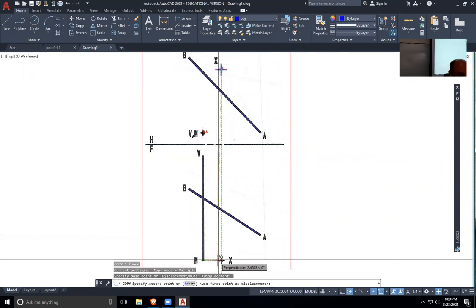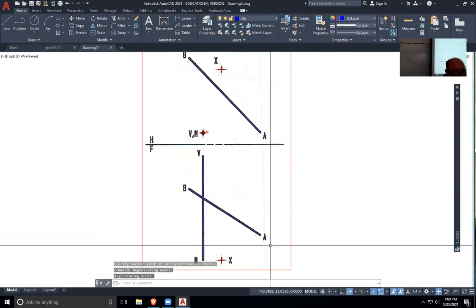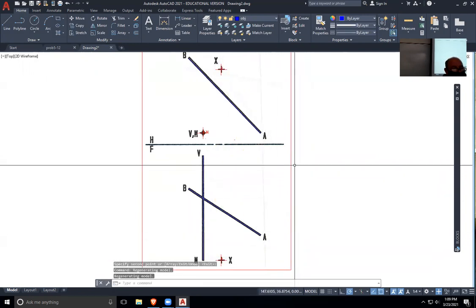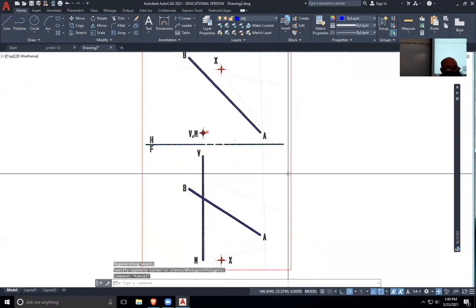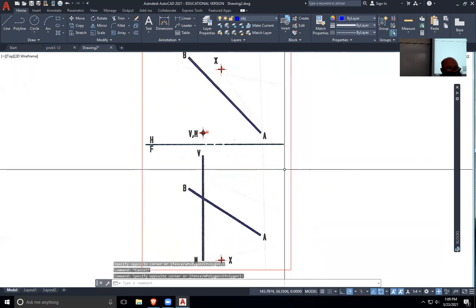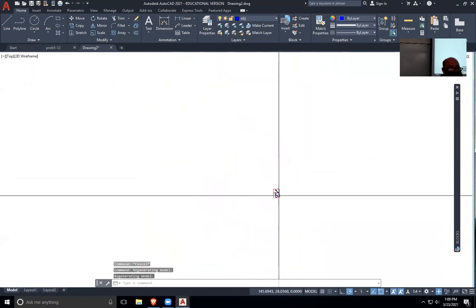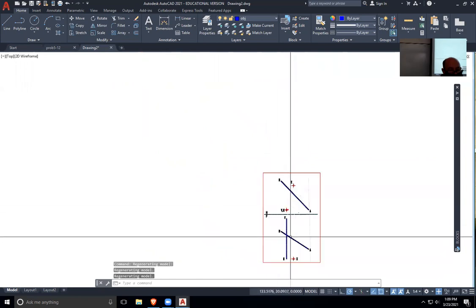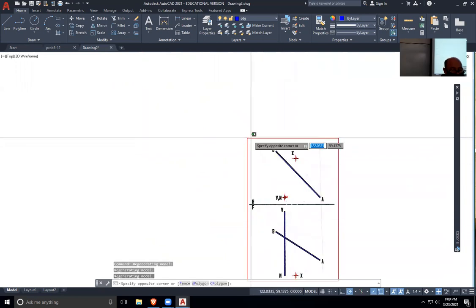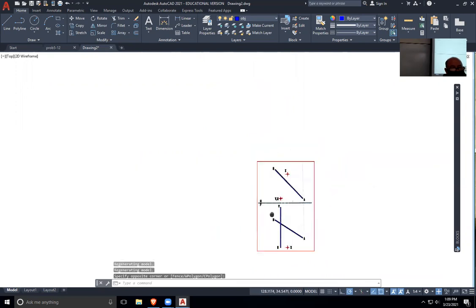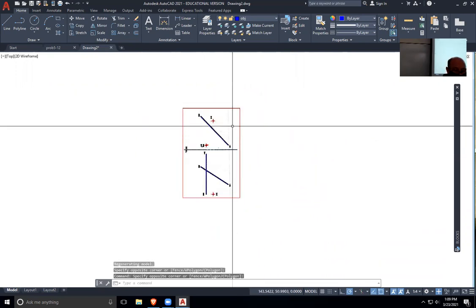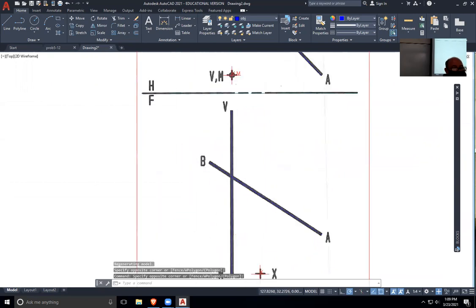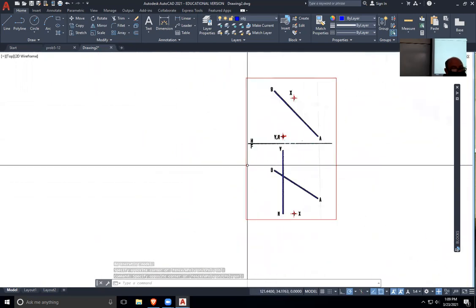And it's probably on the ground here. Select the image.